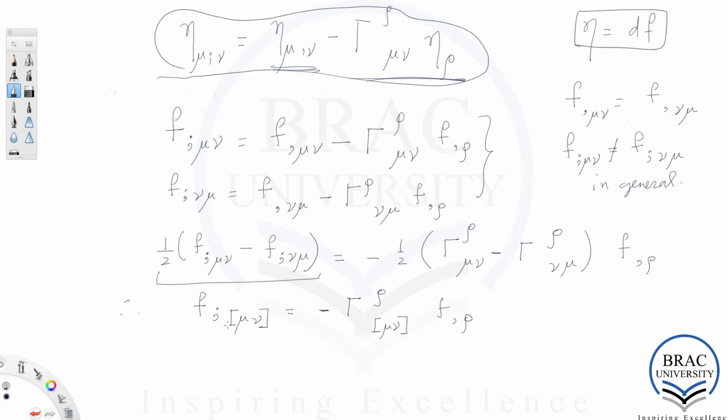It's zero only when this is zero, right? And this is zero when they commute with each other.